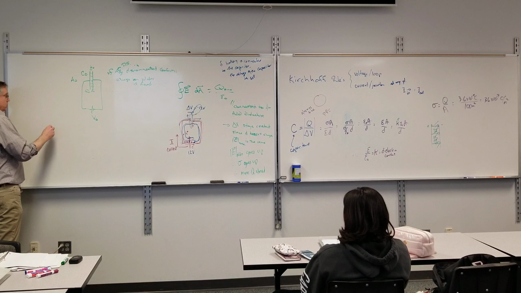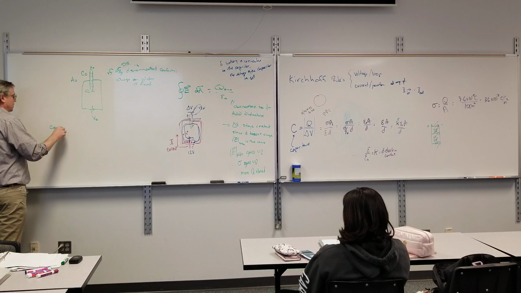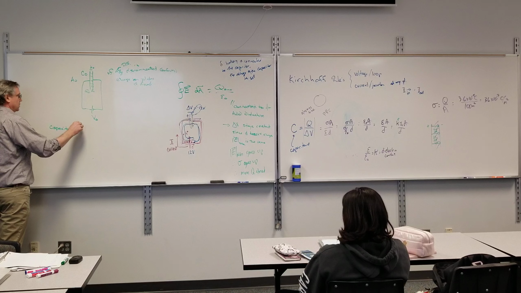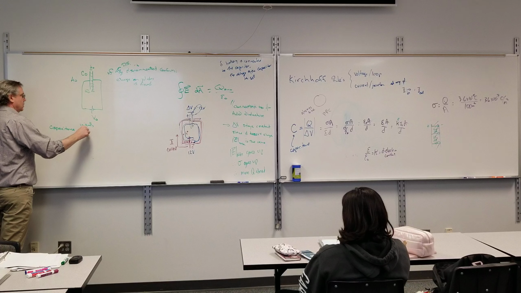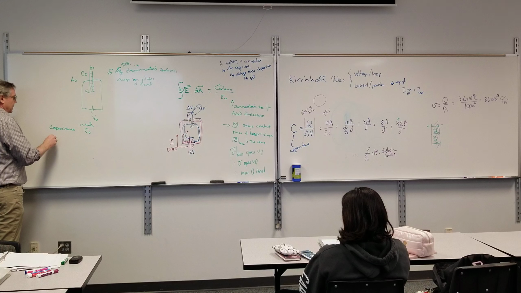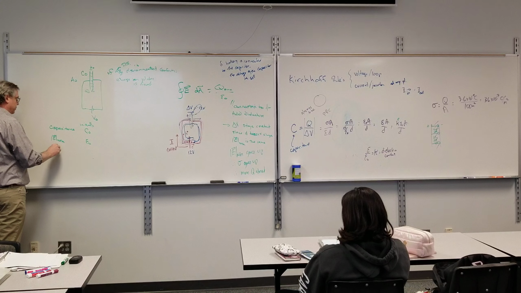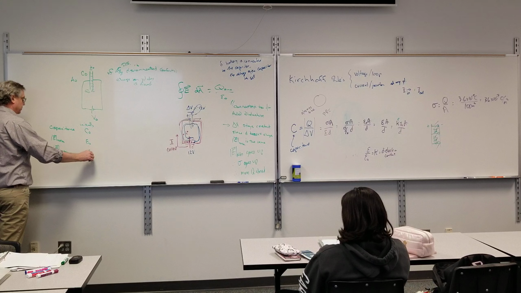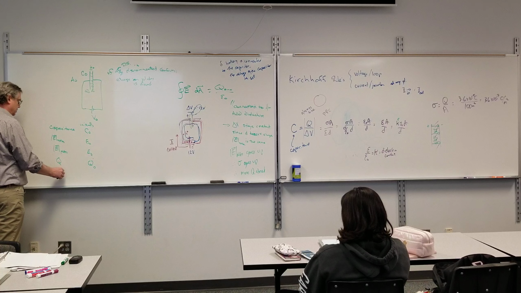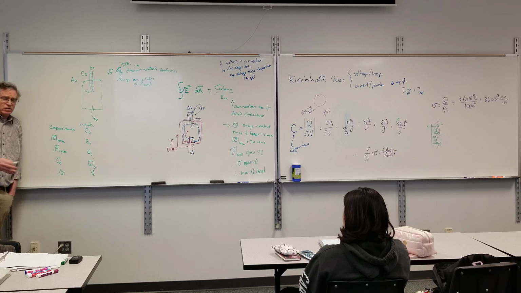So my capacitance is initially C sub 0. My total electric field strength, E sub 0. My electric field strength from the plates, E sub 0. My charge, Q sub 0, and voltage, V sub 0.